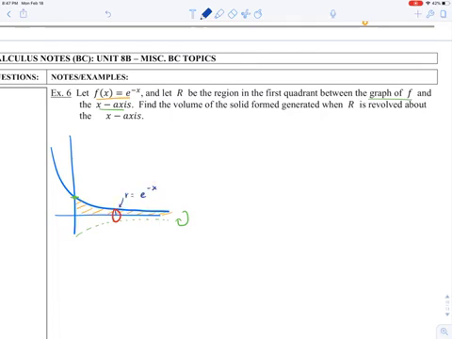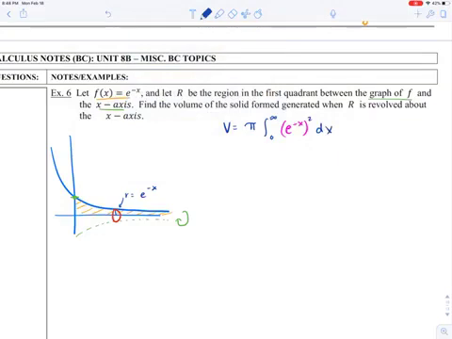Because we know our volume formula, our volume for disks is pi integral, in this case from 0 to infinity, infinite disks all the way out, of r squared, so e to the negative x, all squared dx.